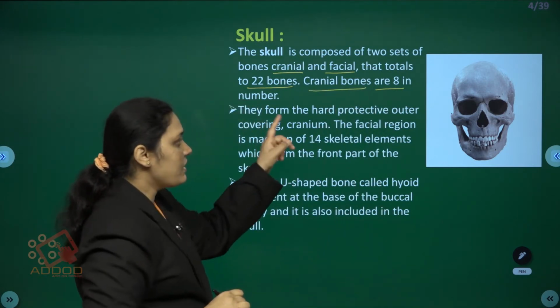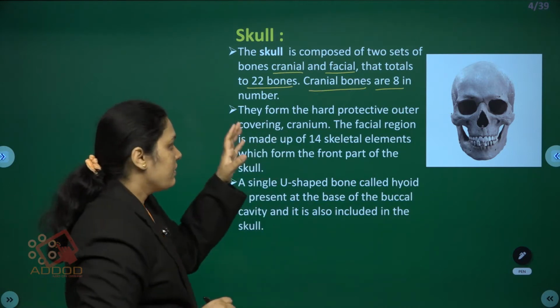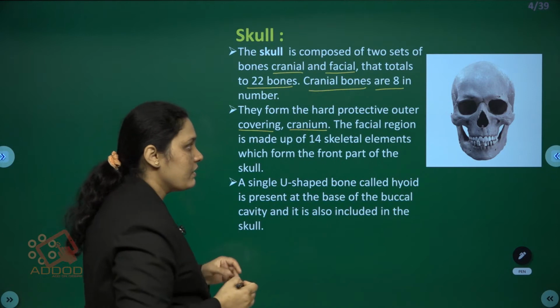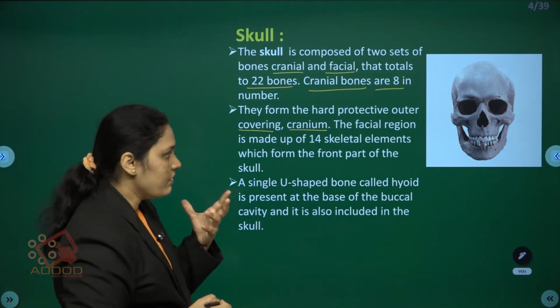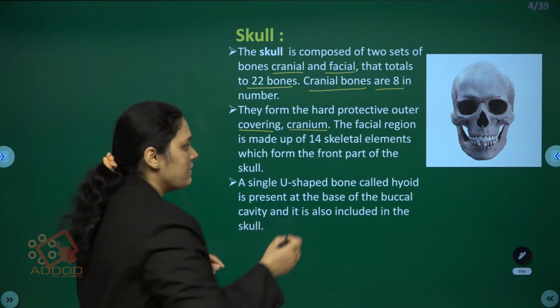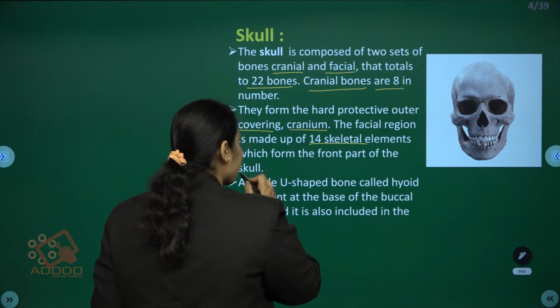They form the hard protective outer covering, which is called the cranium, whereas the facial region, the face, is made up of 14 skeletal elements, 14.